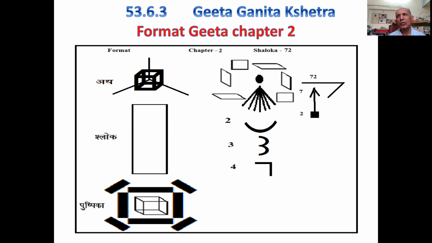Now, see, the value 72 constitutes a reflection pair with the value 27. And see, the difference value of 72 and 27 is 45. There are precisely 45 syllables of the Pushpika of chapter 2.